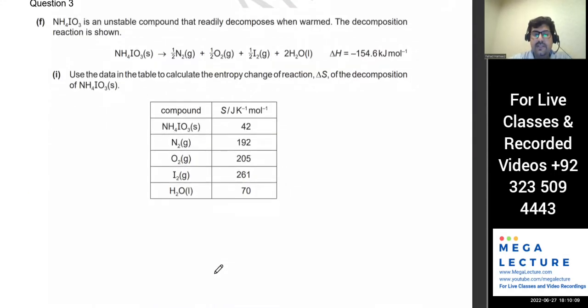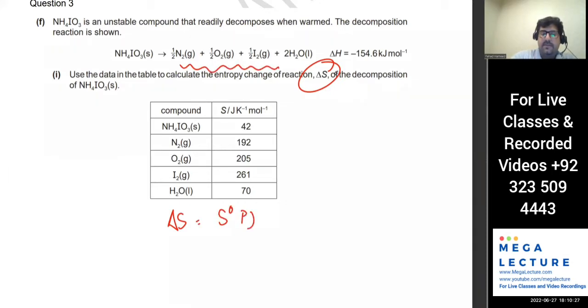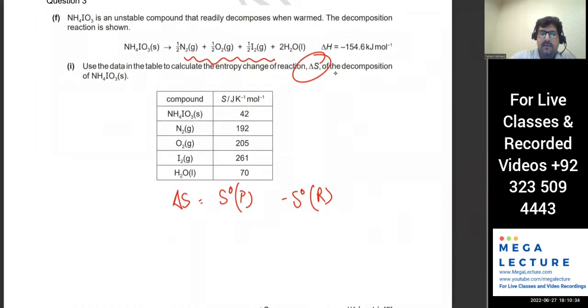Anyways, a few more questions. I think he's asking you to calculate delta S over here. So you're going to calculate this the same way, which is products minus reactants. So these are my products, lots of them. The products are going to be 192 into half.